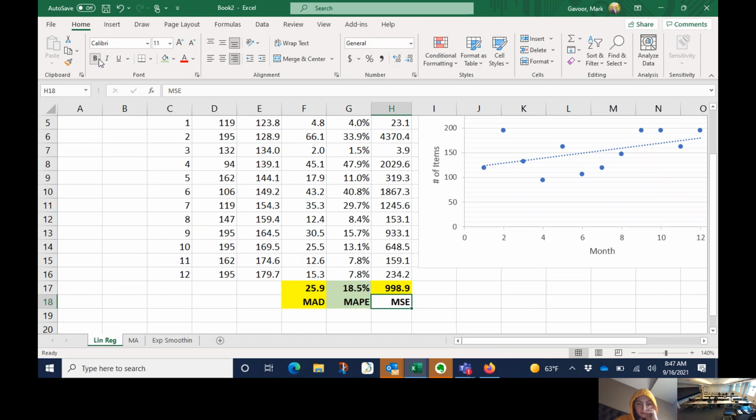MSE is harder to determine because you squared the error. The other two, MAD and MAPE, are more intuitive. That's why everybody uses MAPE. But before there was MAD and MAPE, all people had was what statisticians told them, and that was MSE. That means something to a statistician because it tells you the squared error.